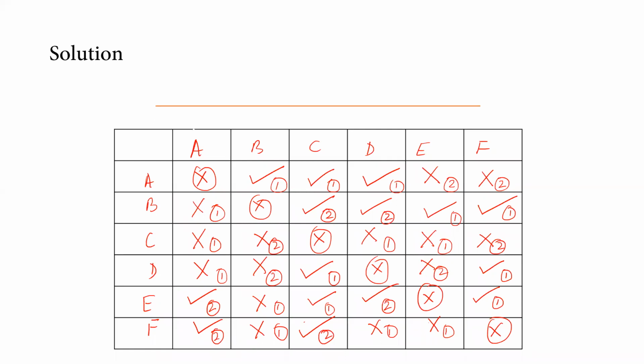The teams that won exactly 2 matches in the event: if we look at this, it is not A winning exactly 2 matches. It is not B, neither C. D is the team that has won exactly 2 matches. F is also one of the teams that has won exactly 2 matches.